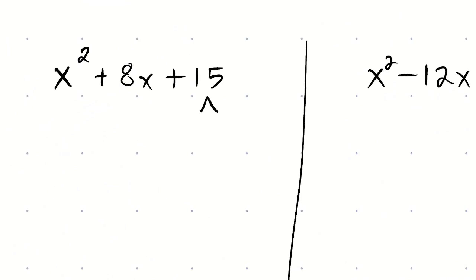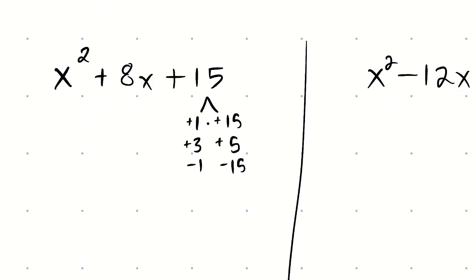So 15 has different factors. We have positive 1 and positive 15. We have positive 3 and positive 5. We also have two negatives that would make a positive, so you'd get a positive 15 if you multiplied negative 1 times negative 15.